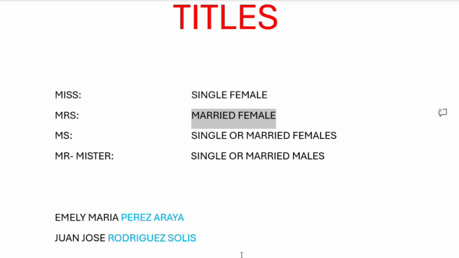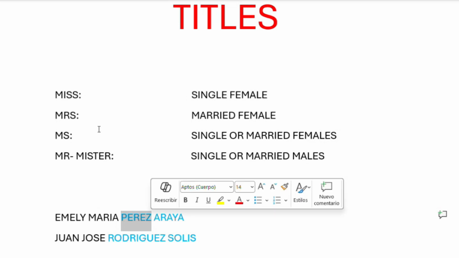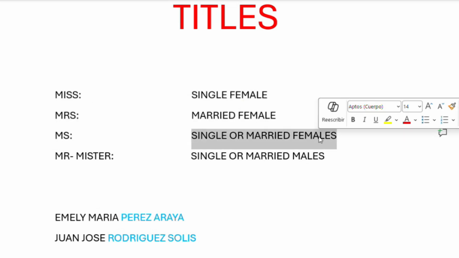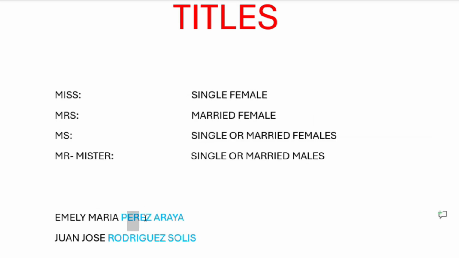Emily decided to get married, and she has a husband, so I need to be very respectful, and I can say, hey, Mrs. Perez, how are you today? Or Mrs. Perez, good morning. Awesome. And here we have when I don't have any idea if that woman is single or married, but I'm going to show respect, so we say, hey, Ms. Perez, how are you today?